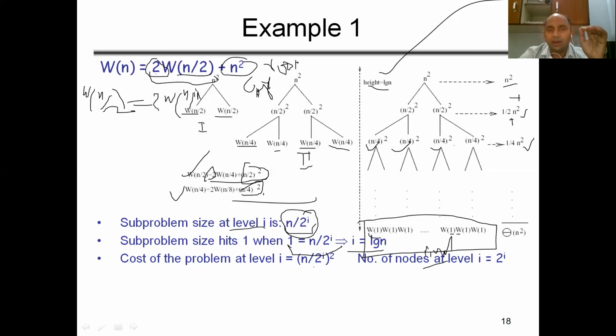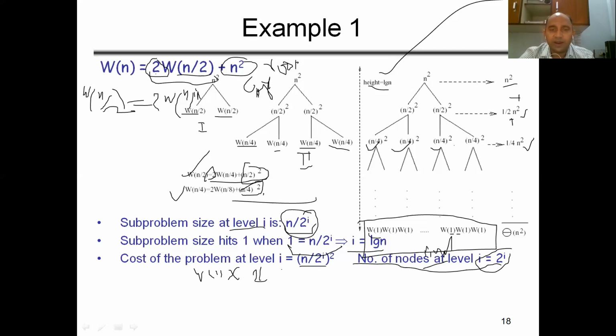To find the cost at the last level, the number of nodes at the last level will be 2 to the power of i. Suppose here is 1 node, here are 2 nodes, here are 4 nodes. The nodes are increasing by the power of 2. So the total number of nodes at the last level will be 2 to the power i. The total cost will be W(1) times 2 to the power i.